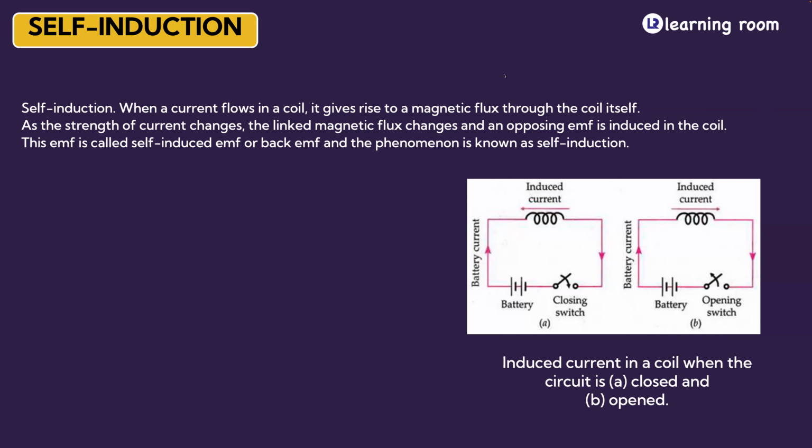Or even if there is no relative motion between them, a change in magnetic flux in one coil can produce an EMF in the other coil, which will also be the cause for this process called electromagnetic induction. Of which one of the important ways in which EMF can be induced is called self-induction.